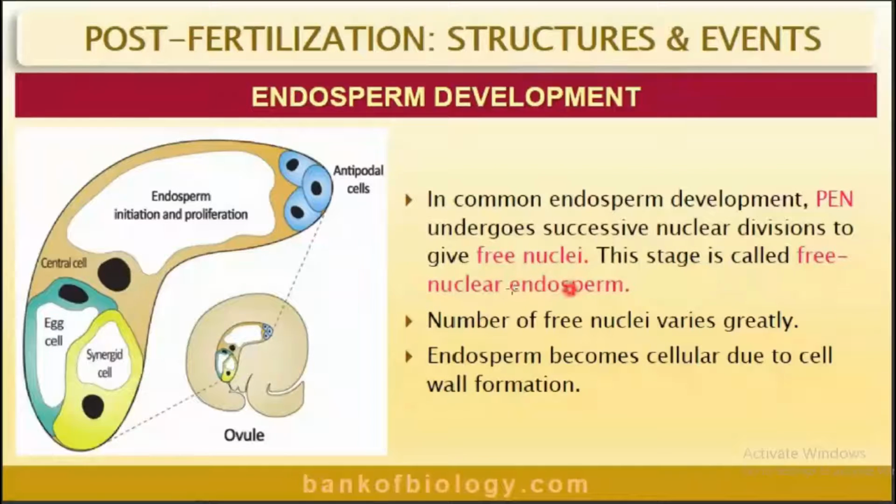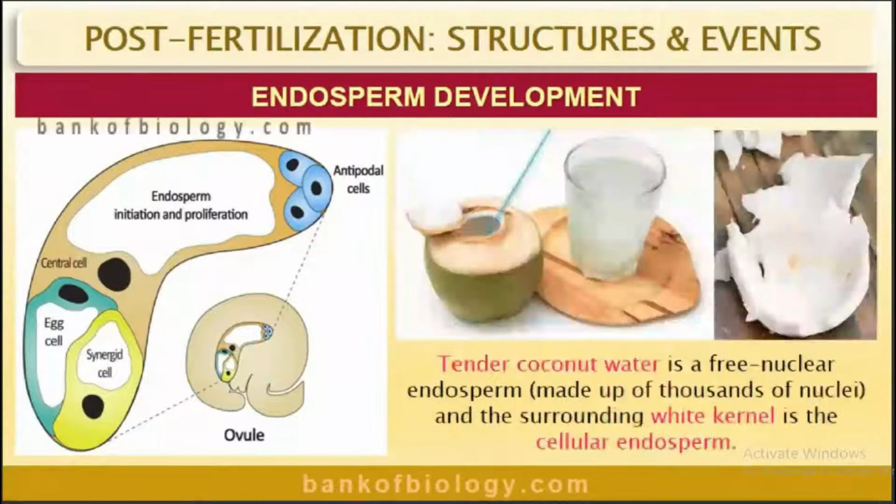This stage is called free nuclear endosperm. Number of free nuclei varies greatly. Then endosperm becomes cellular due to cell wall formation. Tender coconut water is a free nuclear endosperm made up of thousands of nuclei, and the surrounding white kernel is the cellular endosperm.